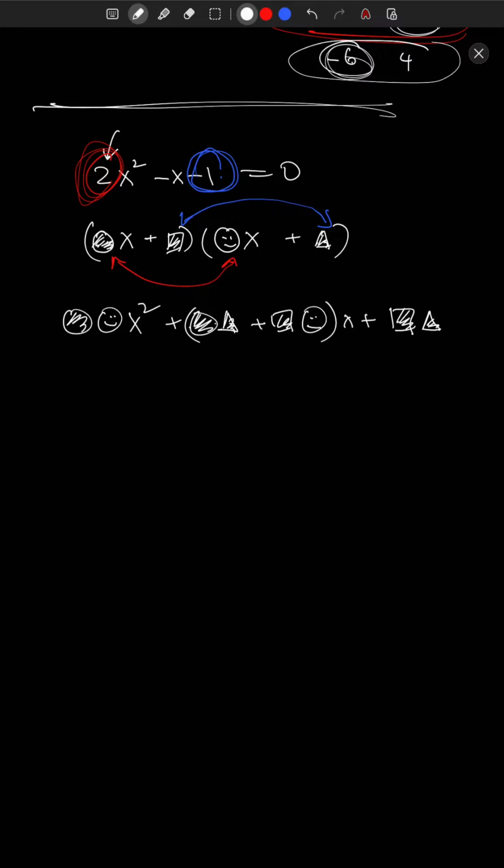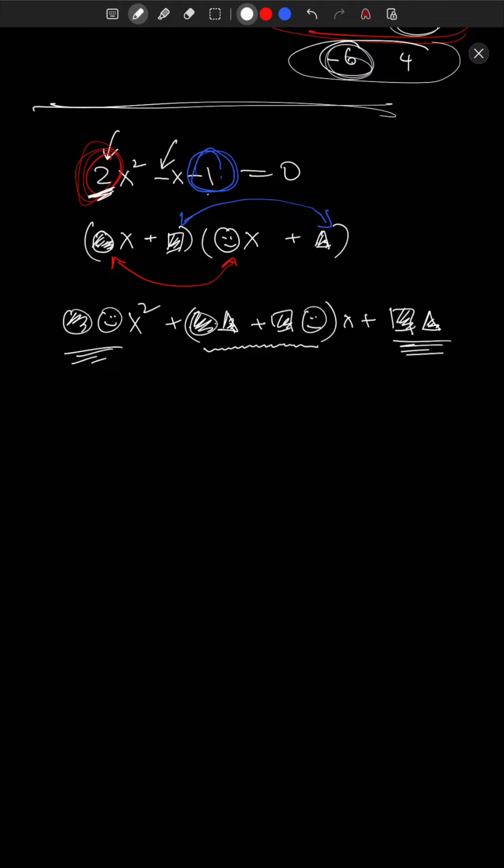So you can see things are a little more complicated, but again, your guesses are going to be roughly done the same. These two guys have to multiply to -1, and these two guys have to multiply to 2, right? So you make your guesses for each of these, and then you see which ones of these guesses fit with this negative x, with the -1 in front of the x. Okay?